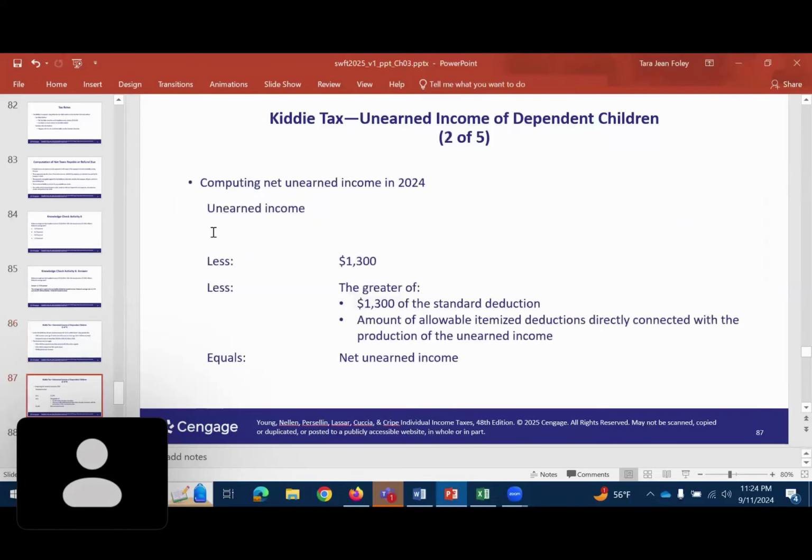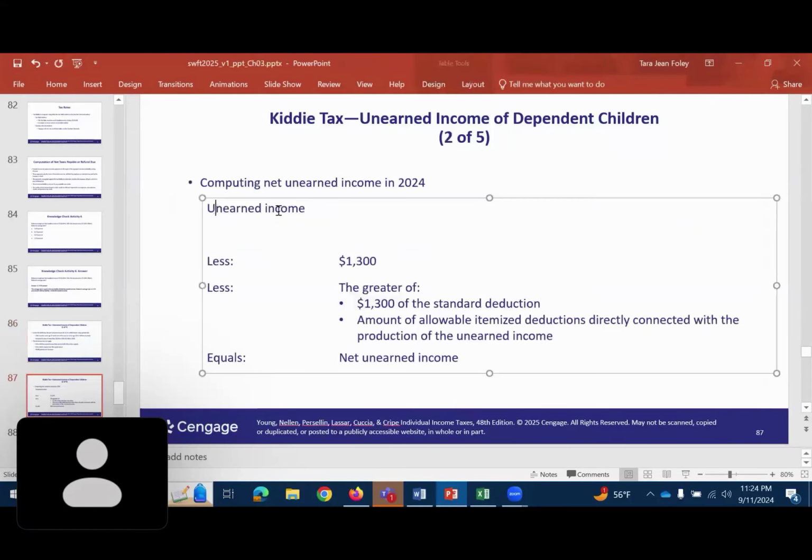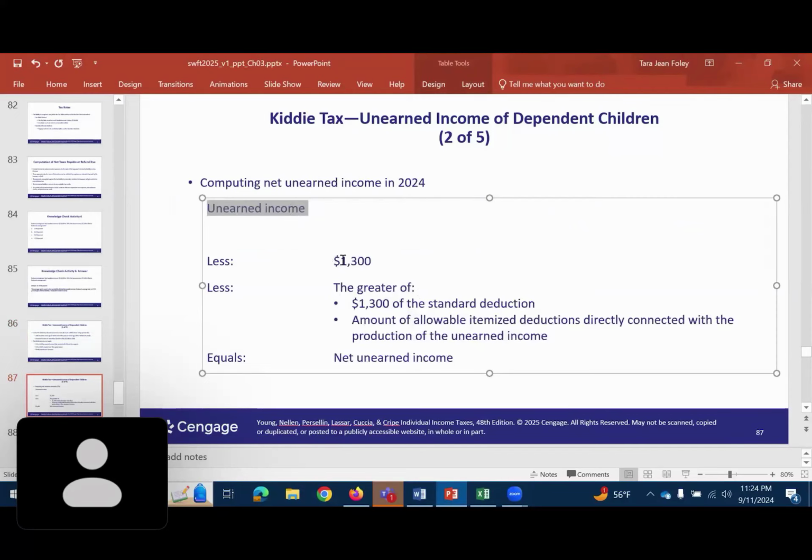So let's say you take the unearned income, which is interest, dividends, bonds, whatever. You subtract out $1,300. You get a number. Then you subtract out the greater of $1,300 of the standard deduction or the amount allowable of the itemized deductions directly connected with the production of the unearned income. What does that mean?